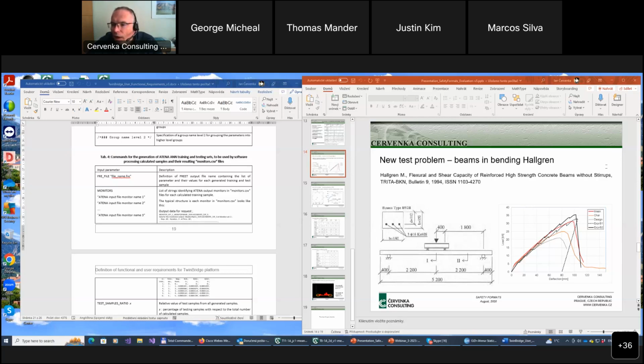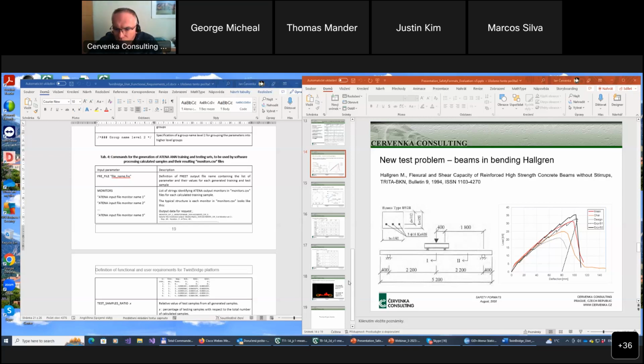In ATENA, this equivalent plastic strain is defined as the minimum of the principal plastic strains. So actually, you will see that the equivalent plastic strain is equal to the minimum plastic strain. So you can look at both quantities.